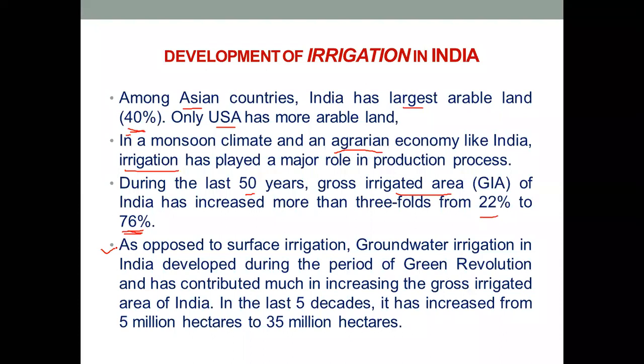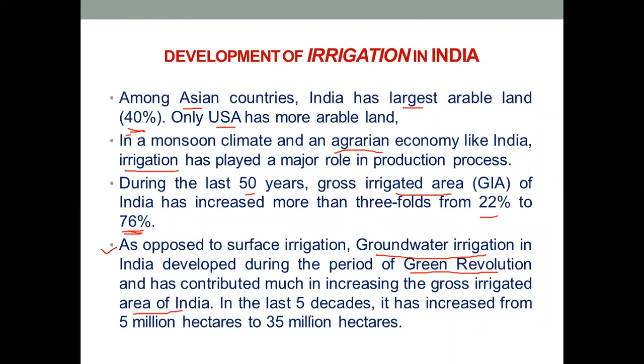But during the green revolution, the digging or excavation of wells and tube wells was encouraged by the government. So groundwater irrigation, that is taking water from wells for growing crops in India, developed during the period of the Green Revolution and has contributed much in increasing the gross irrigated area of India.